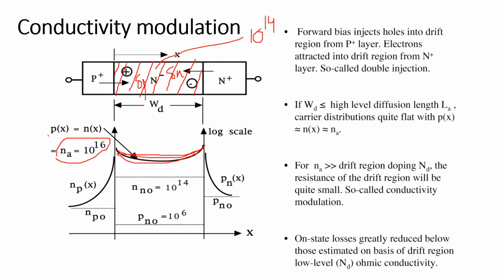So the concentration of holes in the n minus region is almost equal to the concentration of electrons in the n minus region, which is around 10 to the power 16.